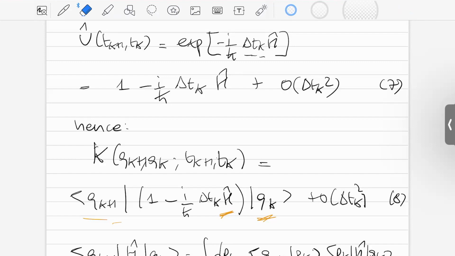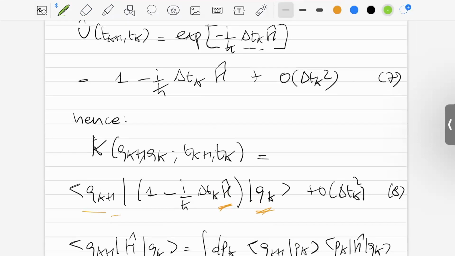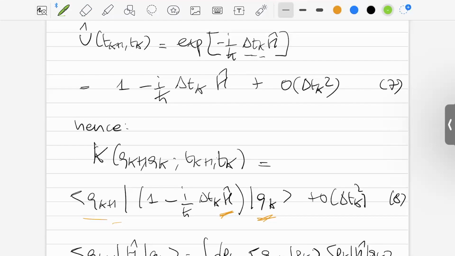The expression of that is known from usual quantum mechanics. It is just a normalization times the exponential of the product of momentum times position. This is the usual result that you know from quantum mechanics.